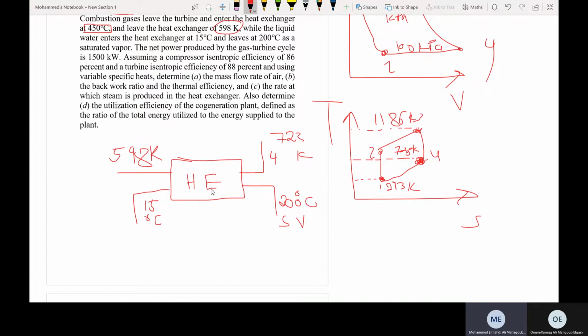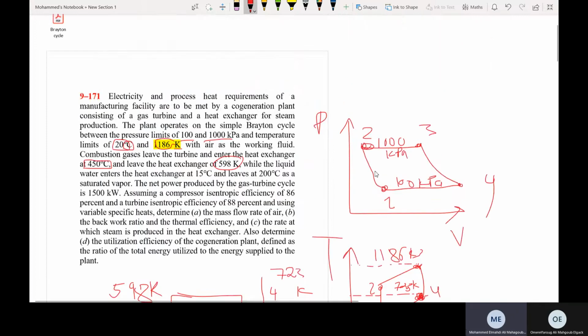The only devices that raise the pressure of the fluid are, remember, compressors, turbines, diffusers or nozzles, because we are going to change pressure energy to kinetic energy and vice versa.